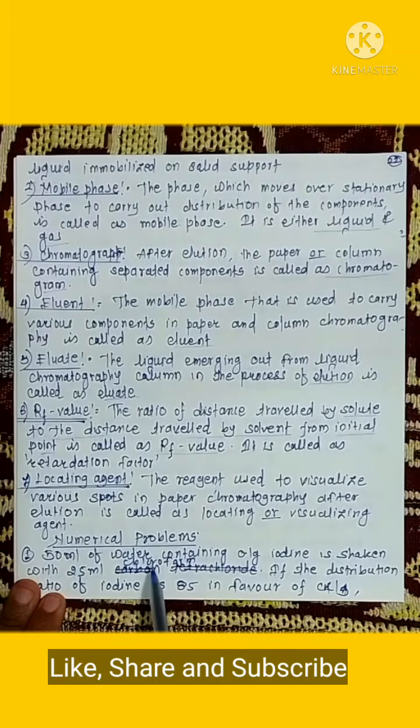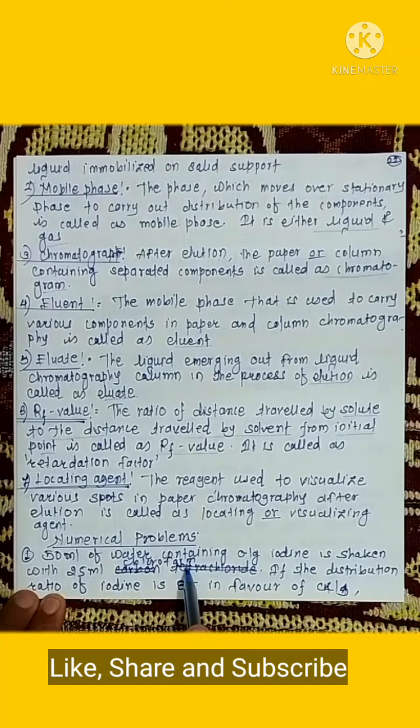50 ml of water containing 0.1 gram of iodine. So weight of iodine and volume of water is given, is shaken with 25 ml of chloroform. So volume of aqueous layer is 50 ml and volume of organic layer is 25 ml.